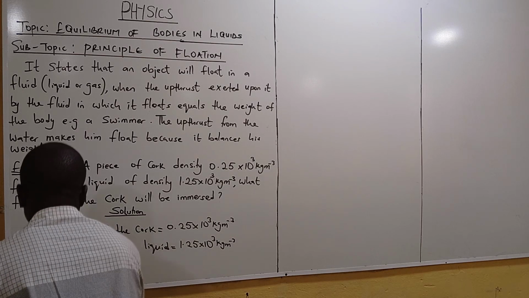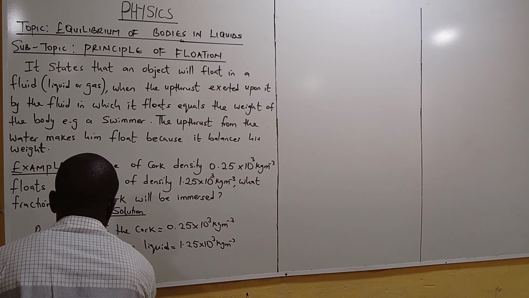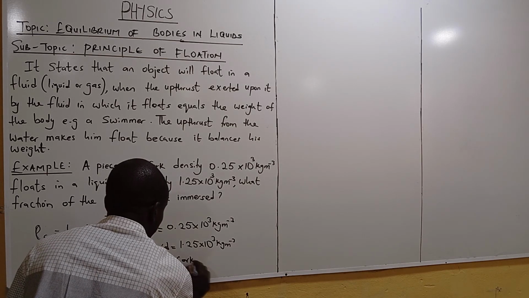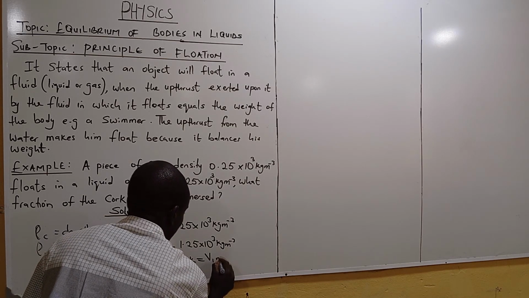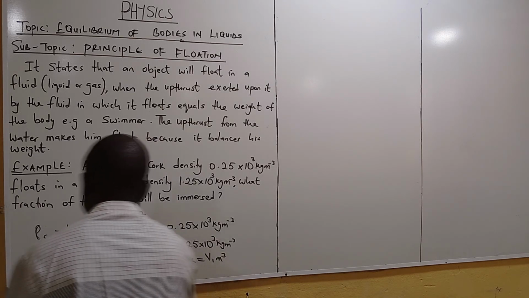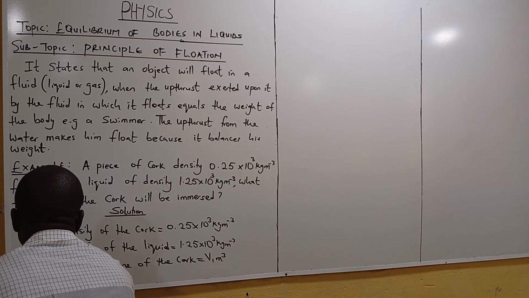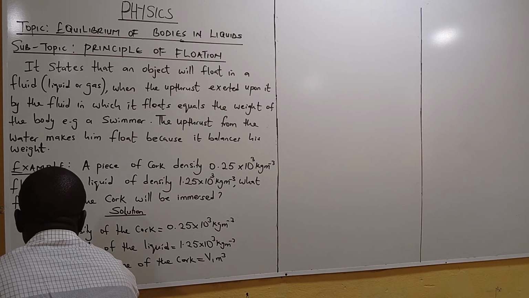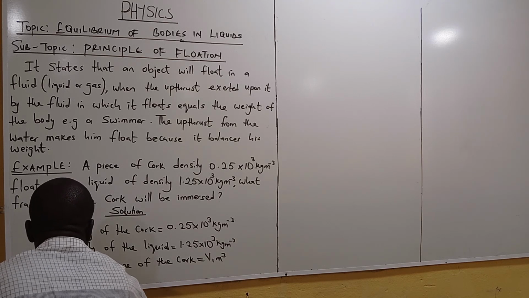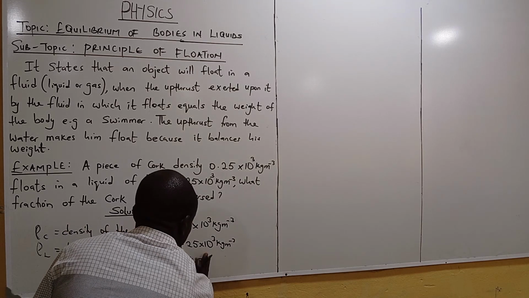Okay, now let's say V1 equals total volume of the cork, V1 meter cube. Let the total, since we are representing it here, let's put it here.